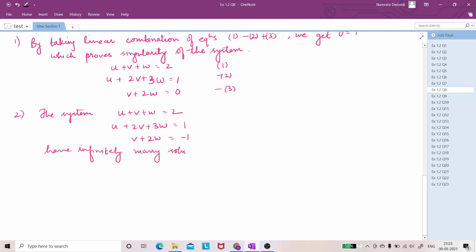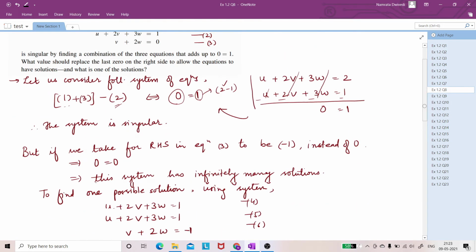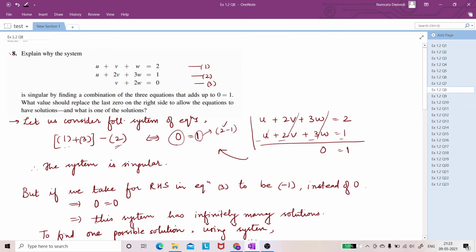And one of the possible solutions we have found out is 3, minus 1, 0. So we have got this, right? Now we have solved question number 8. We are done with this.